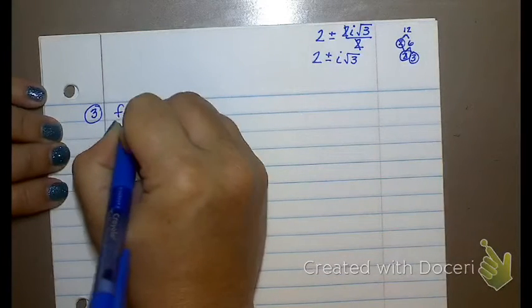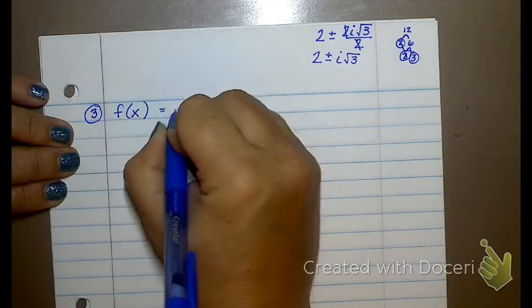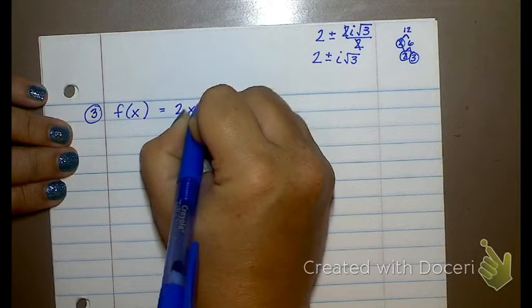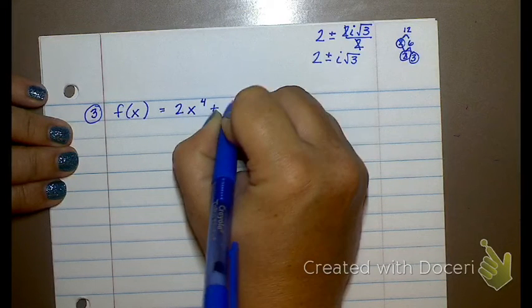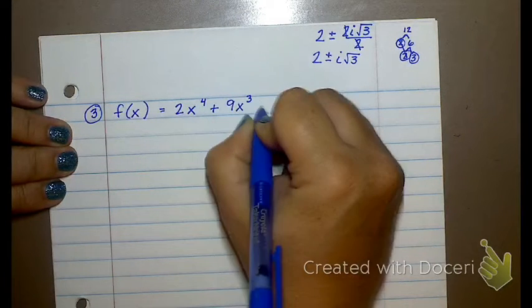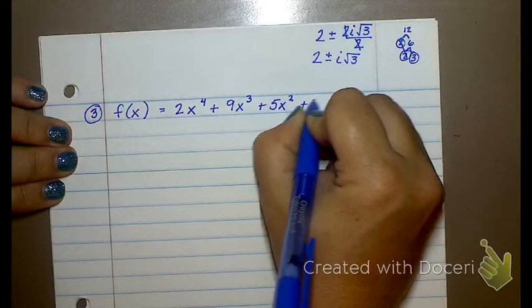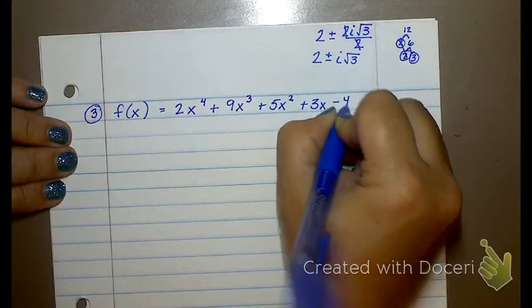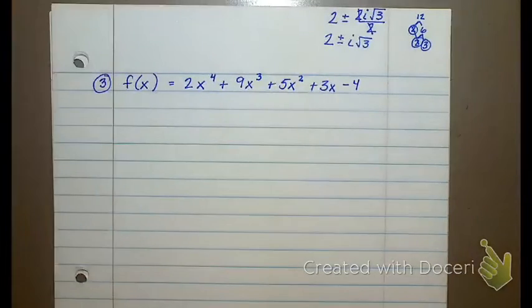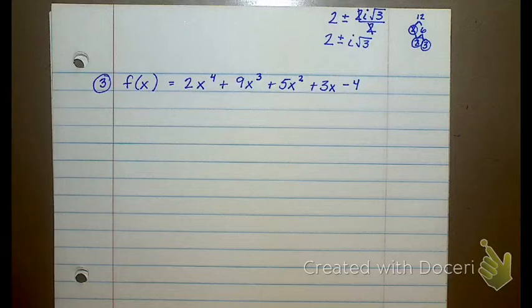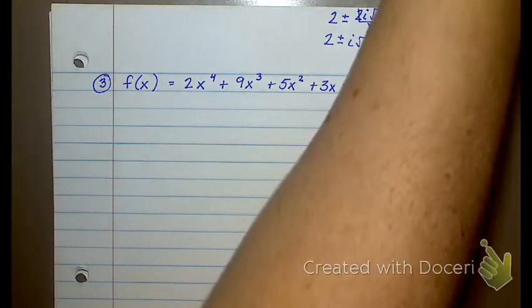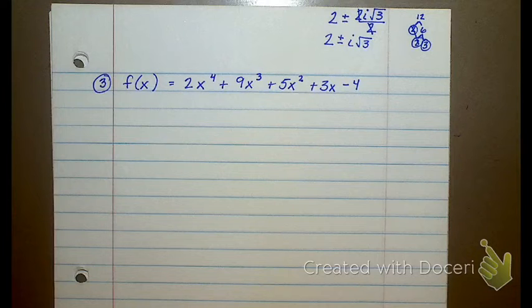f of x is equal to 2x to the 4th plus 9x to the 3rd plus 5x squared plus 3x minus 4. Okay, you ready? Let's see. Why don't you come up with the list of possibilities while I work on graphing?